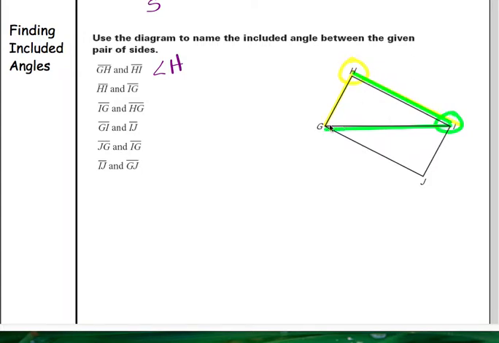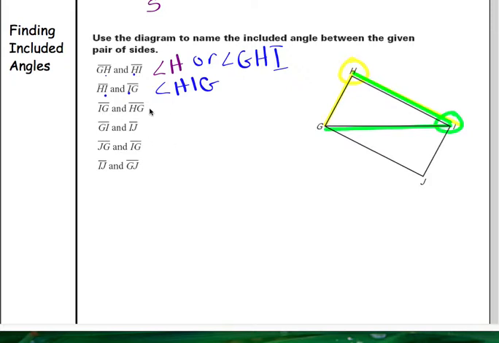So HIG or GIH. And I want you to notice, see how the I repeats? And then the other letters are on the outside, the I is in the middle. Same thing happens here. The H repeats. I could have named this GHI, and then I wouldn't even really have to look at the picture, which is pretty cool about these.